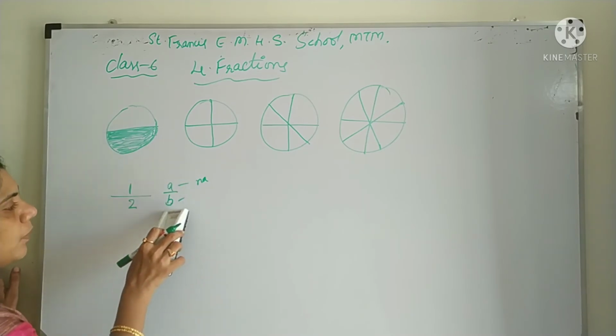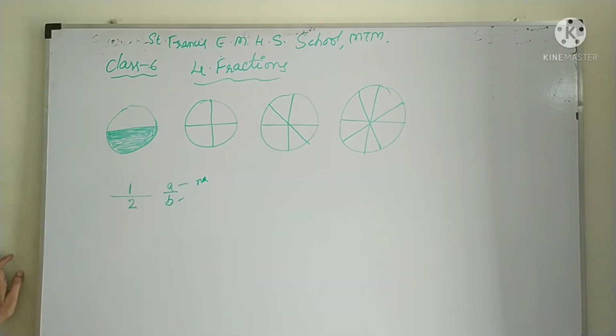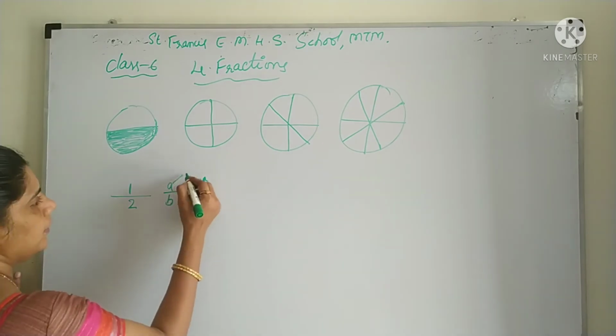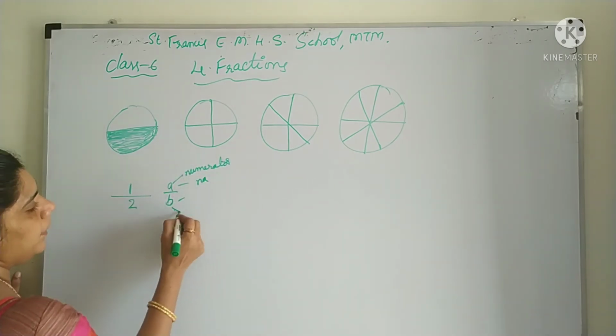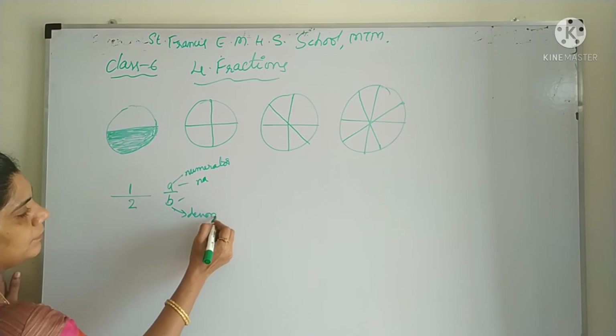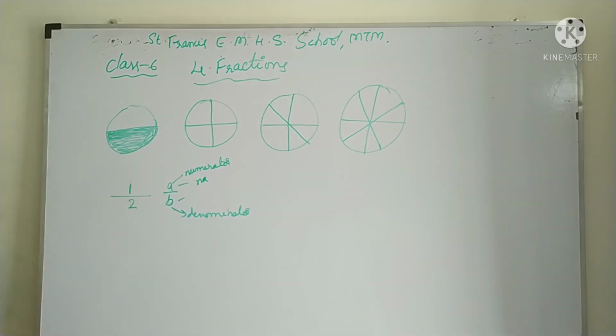Then these types of forms will be called fractions. Okay? In this fraction, we call a the numerator and b the denominator. Okay, numerator and denominator.